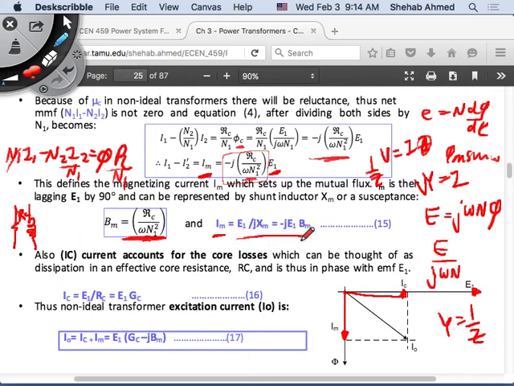The real component of current is in phase with the voltage that produced it, and we represent it as a resistive loss, a resistive element in parallel with the ideal transformer. Using the admittance formula, it's E times the conductance component of the admittance.